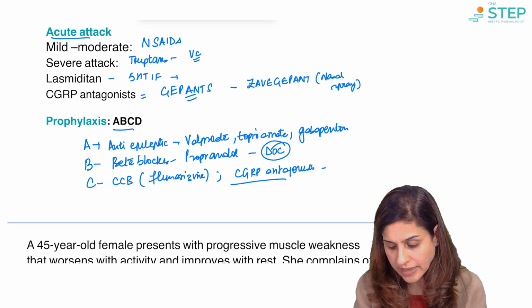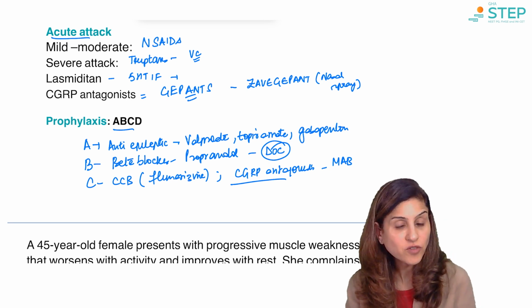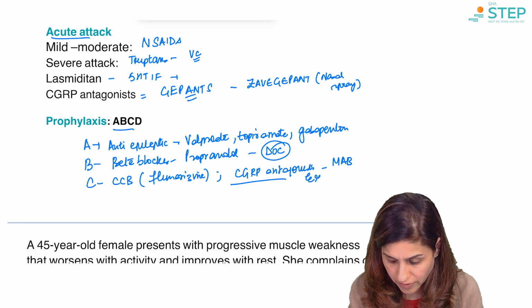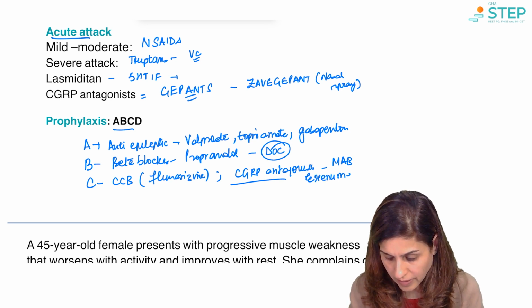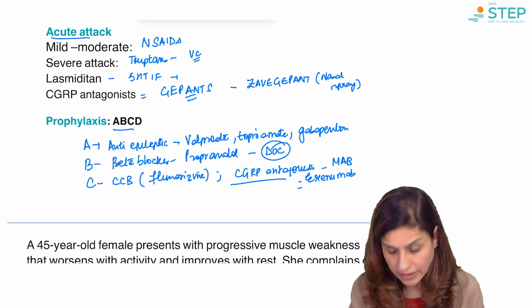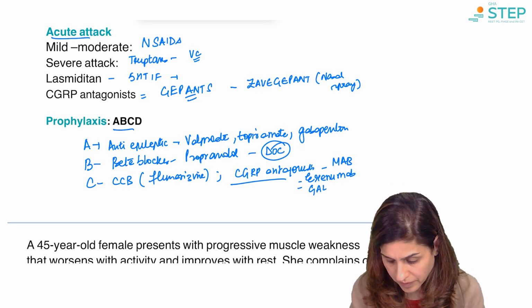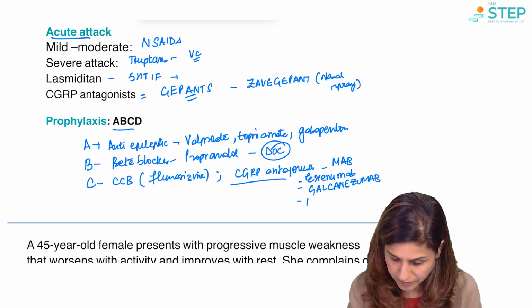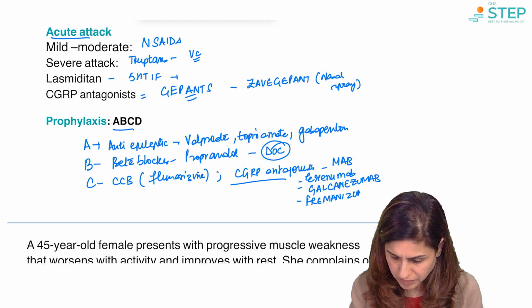But the difference is that these are monoclonal antibodies. So they can't be used for acute attack, they're given for prophylaxis. The monoclonal antibodies are erenumab, galcanezumab, and fremanezumab, right?